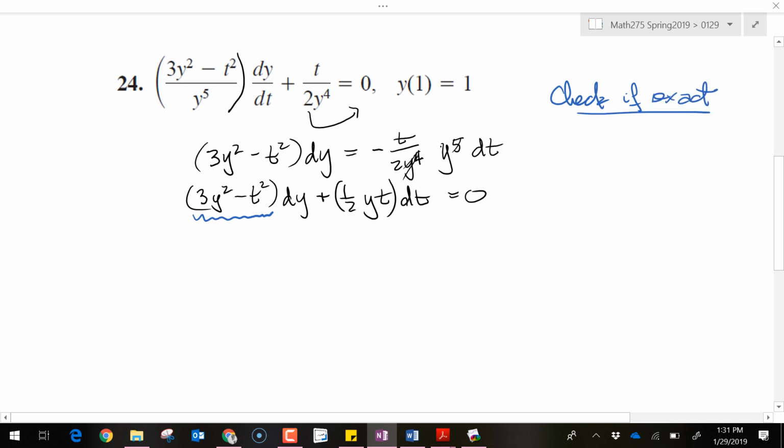We're going to take the partial with respect to t of 3y squared minus t squared. The y is constant, so the first term is going to be 0. The derivative of this is negative 2t, right? And then we want the derivative of the second one with respect to y, 1/2 yt, so 1/2 t. Well, that's not exact.